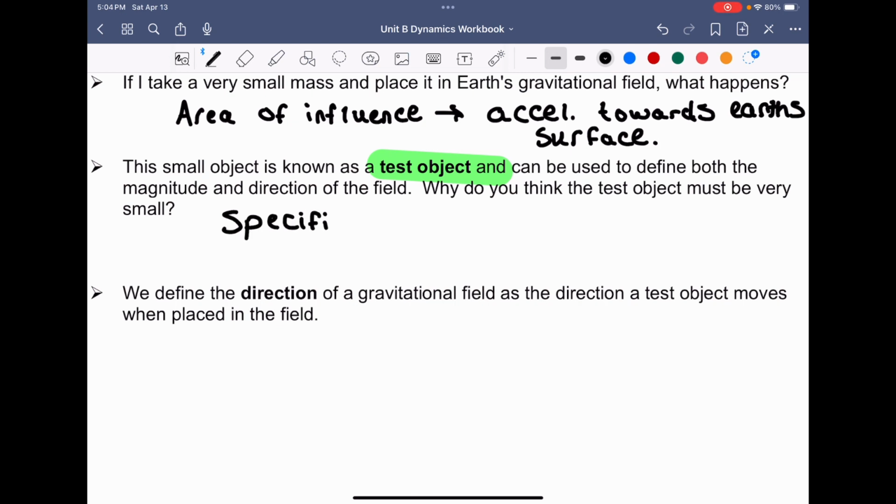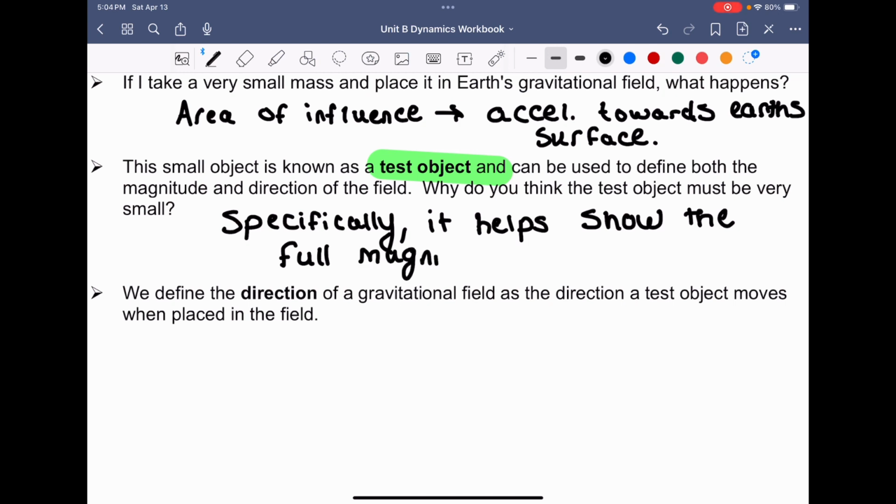So it helps show the full magnitude of the area of influence. There are many ways we could say this, but realistically, we just want to choose a small enough test object that is relatively irrelevant in comparison to the object whose gravitational field strength we're trying to measure.